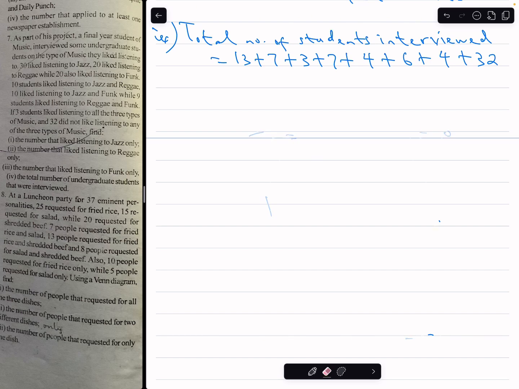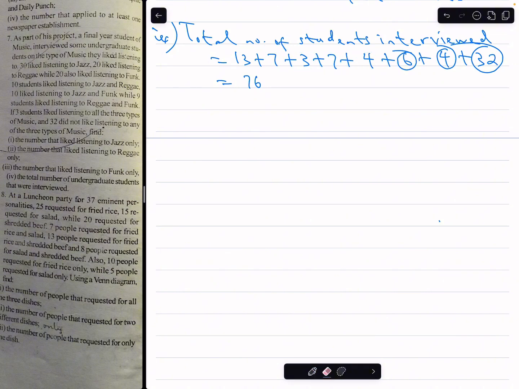So 13 plus 7, 20, 23, 30, 34, 40, 44 plus 32, that's 76. Is that correct?